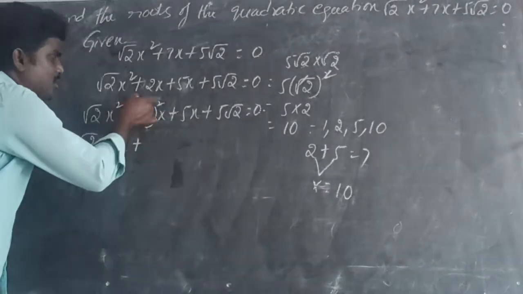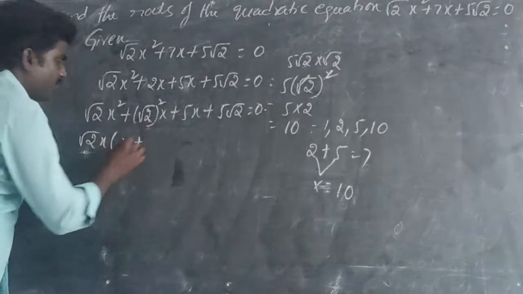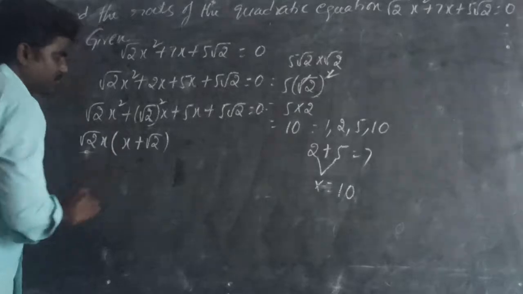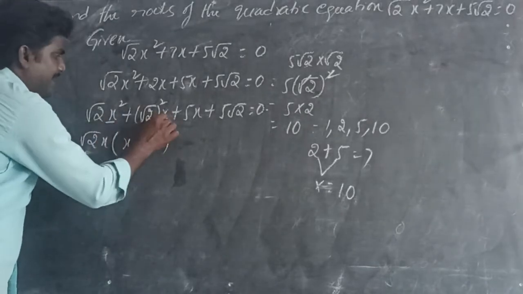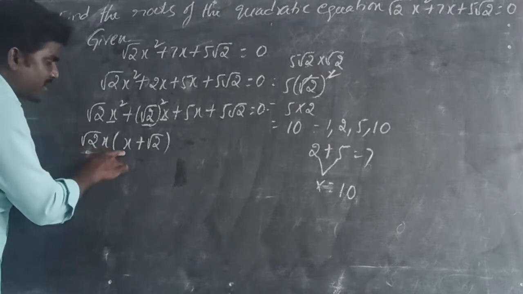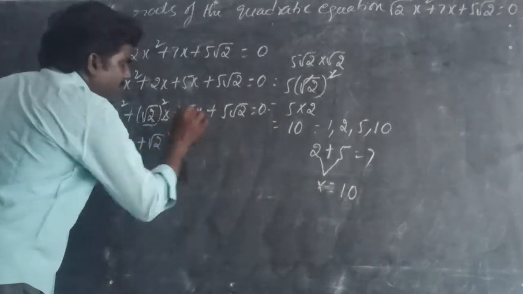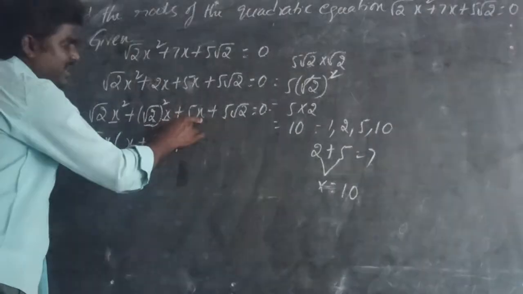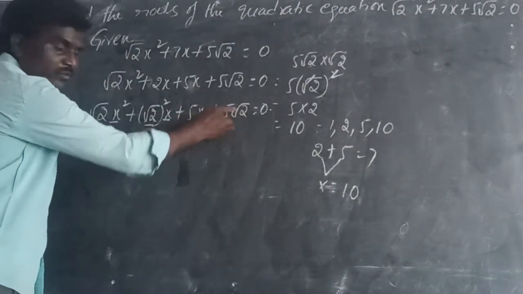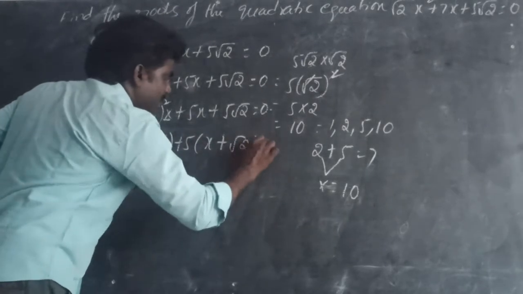In the other two terms, 5x and 5 into root 2, we take 5 outside, and what remains is x plus root 2.